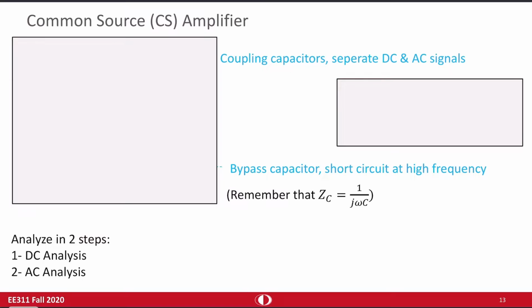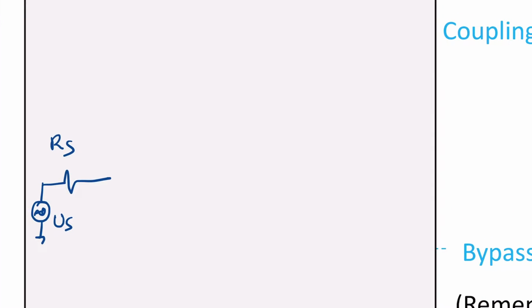So for a common source amplifier, the general structure is something like this. We have our voltage source, of course it's AC, and its internal resistance RS. Maybe we can make it a bit bigger so that you can see it easier. There's some capacitance. I will explain why we need that capacitance. Some resistance. The transistor, MOSFET.